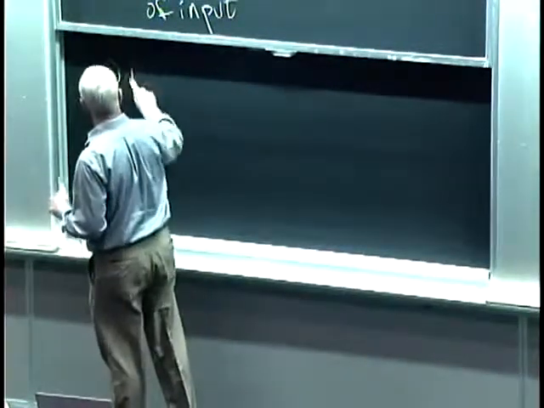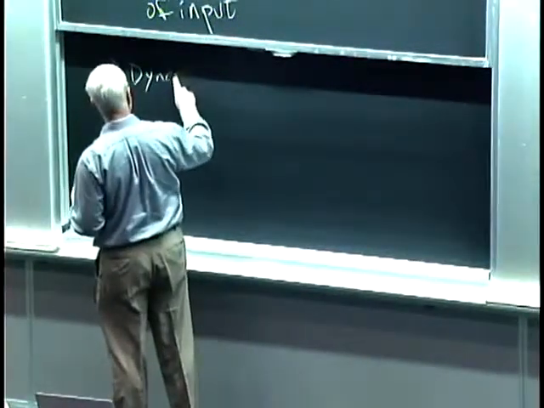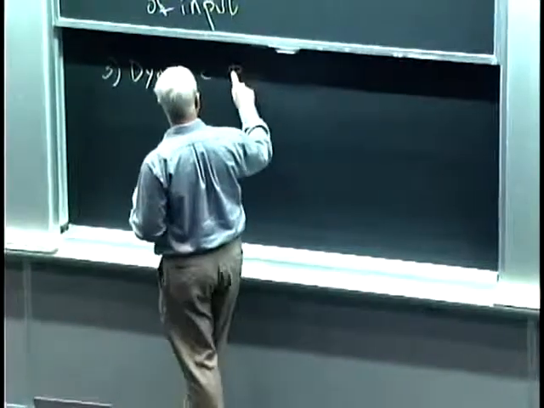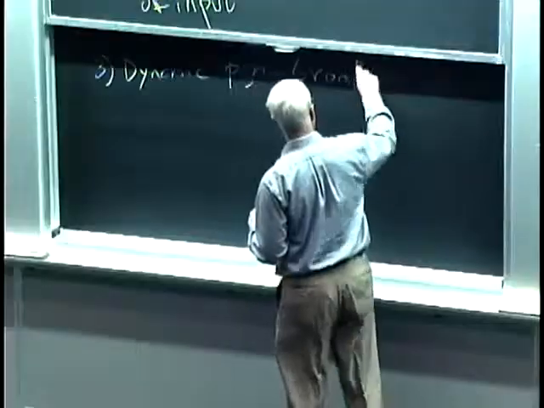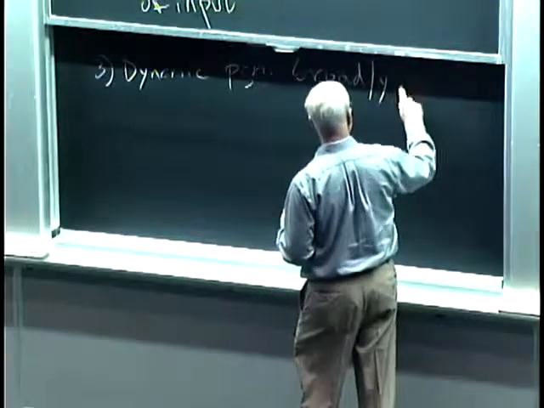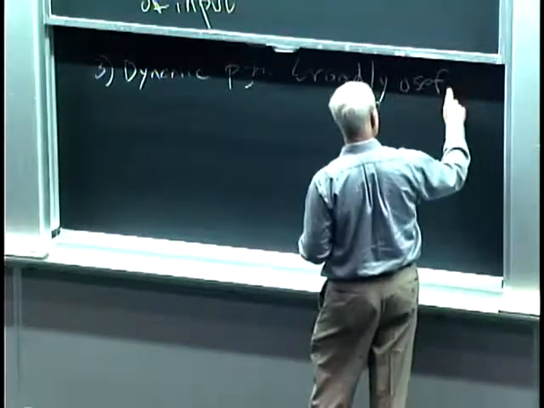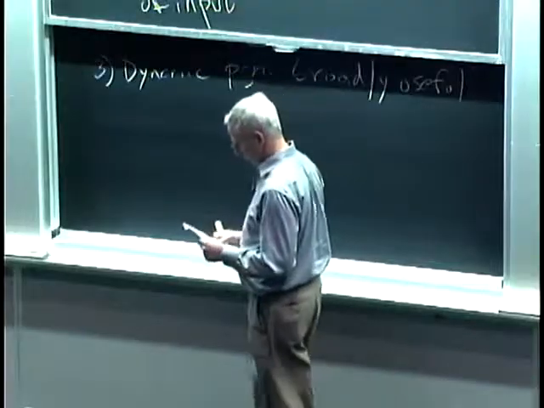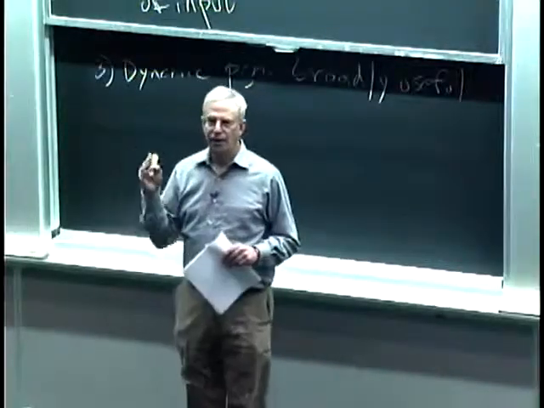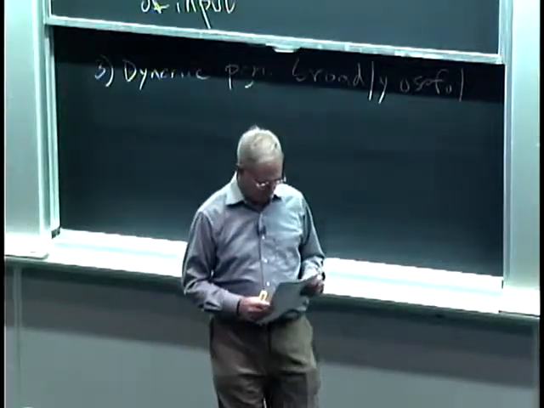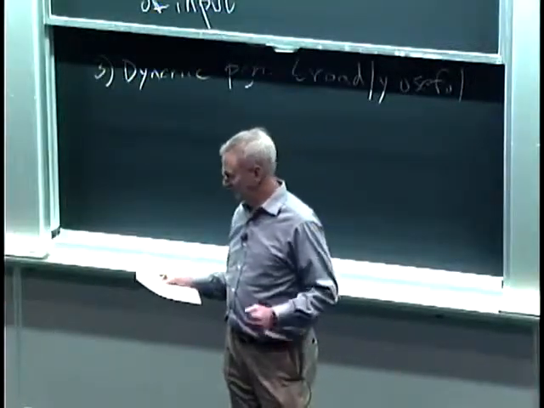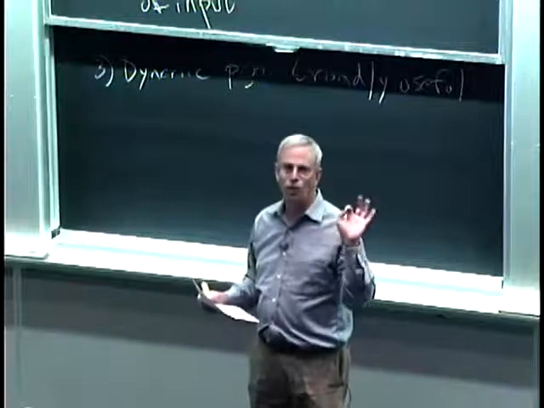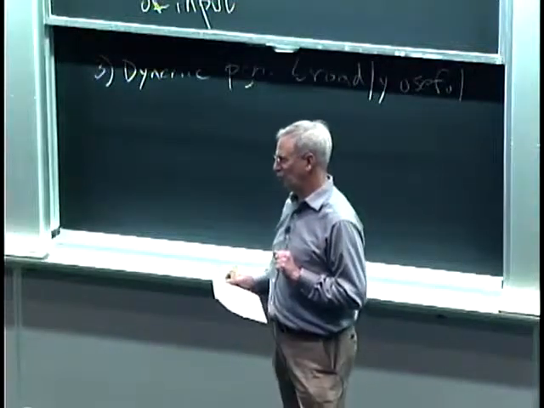Three, dynamic programming is broadly useful. Whenever you're looking at a problem that seems to have a natural recursive solution, think about whether you can attack it with dynamic programming.